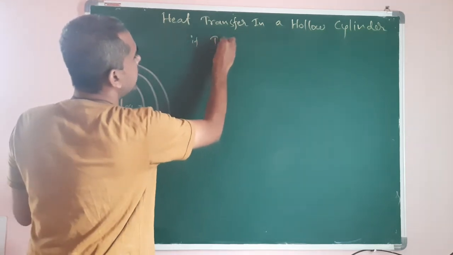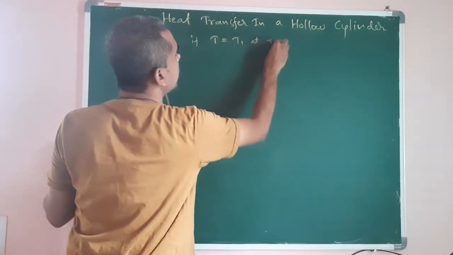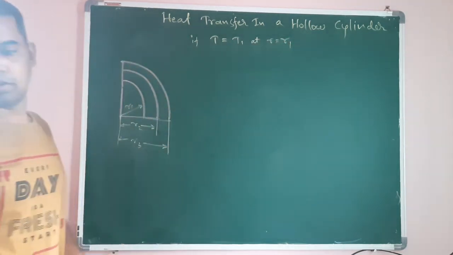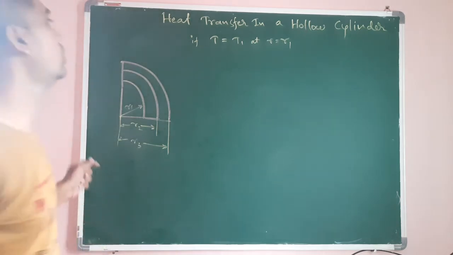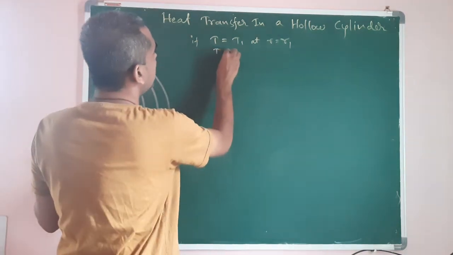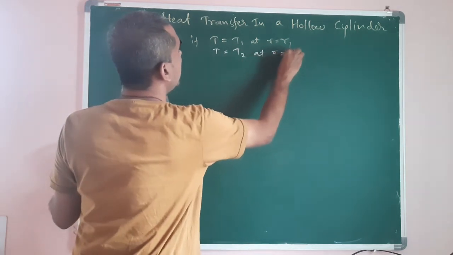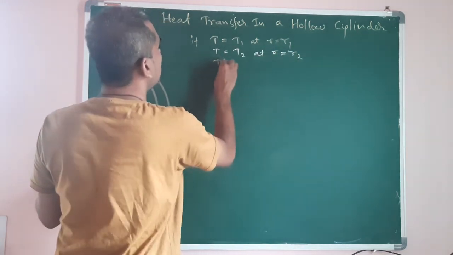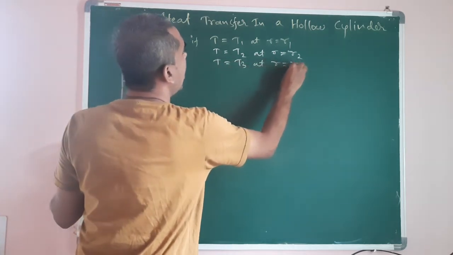The temperature T is T1 at radius R equal to R1, T is equal to T2 at R equal to R2, and T is equal to T3 at R equal to R3.